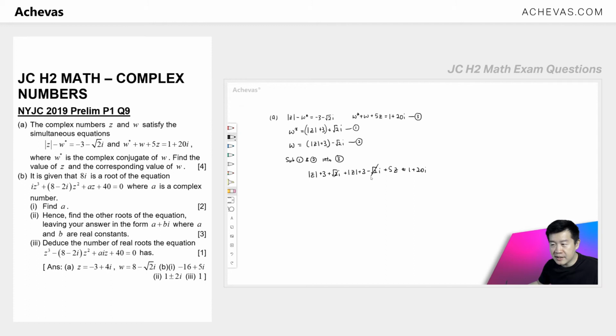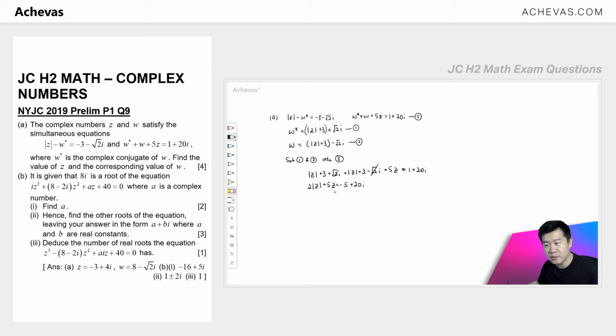And this can be cancelled. I will be left with this. So we will have 2 times modulus of z, 3 plus 3, this is 6. Moving over to the other side, we will have 1 minus 6, it will be negative 5. So I have 2 modulus of z plus 5z is equal to minus 5 plus 20i.